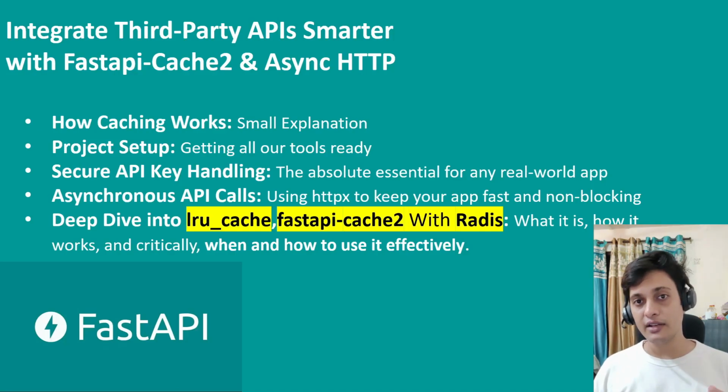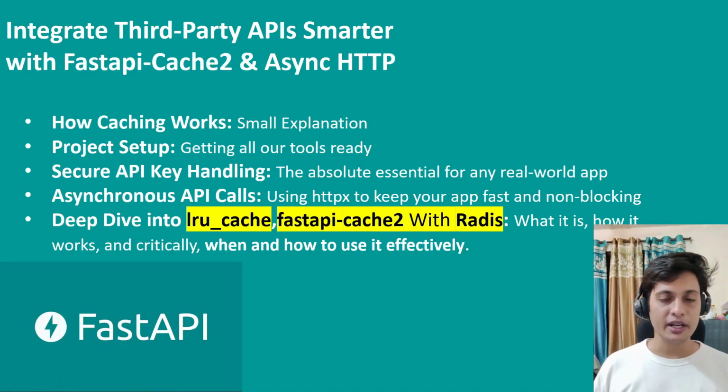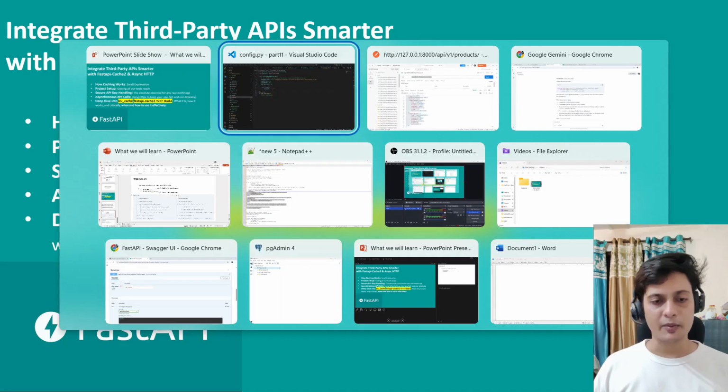But which data will go inside that cache is decided by FastAPI cache. And why are we using FastAPI cache with Redis? Because again, we need something which will work with asynchronous requests. Okay, so this is it, and let's implement it. It is really easy. It will not take much time.